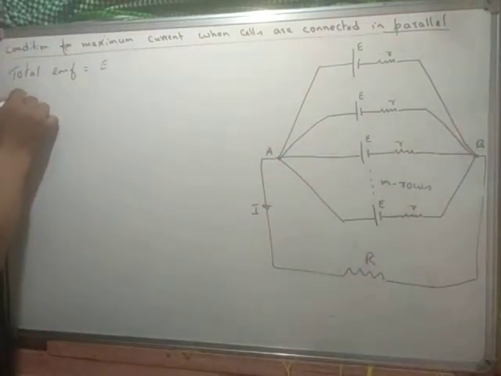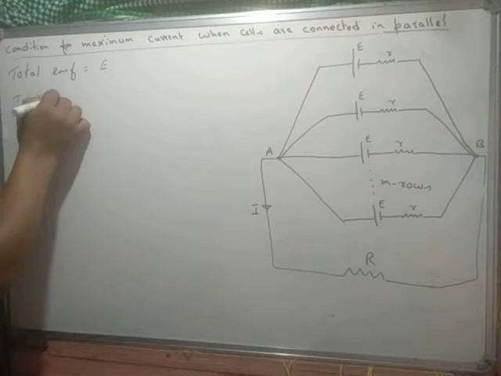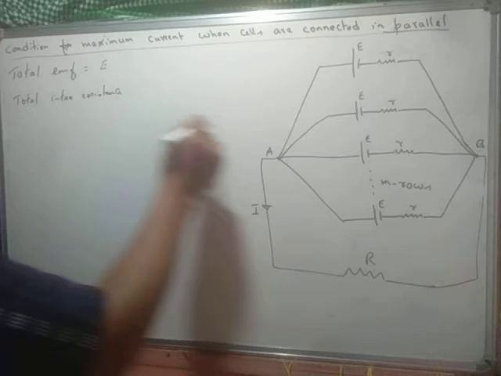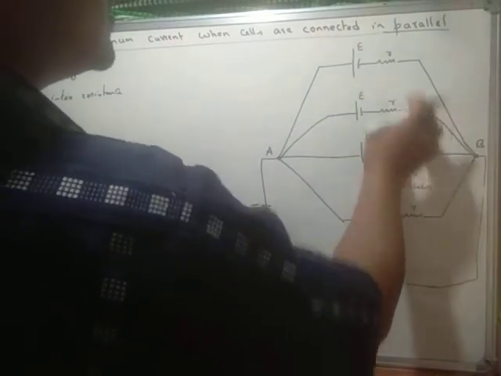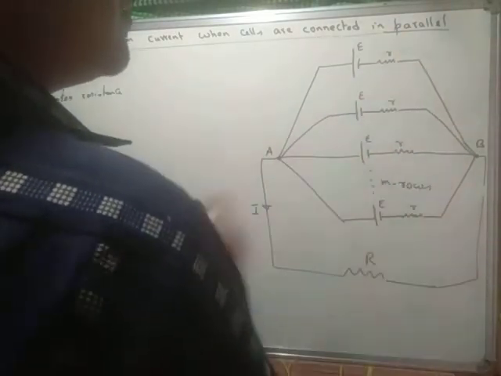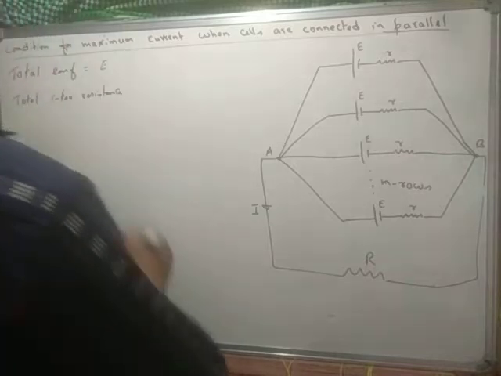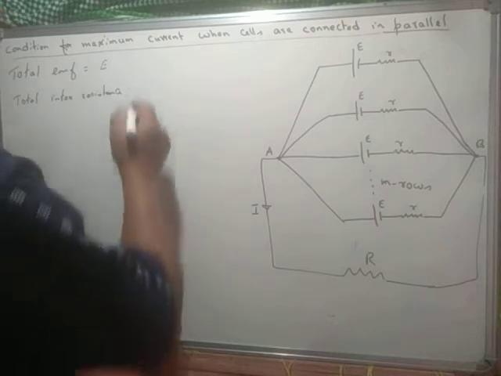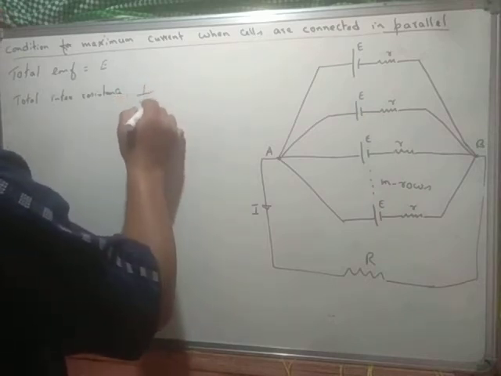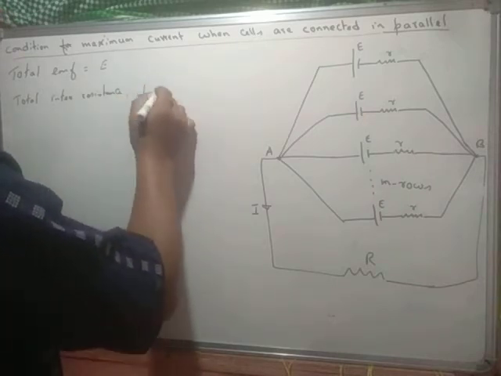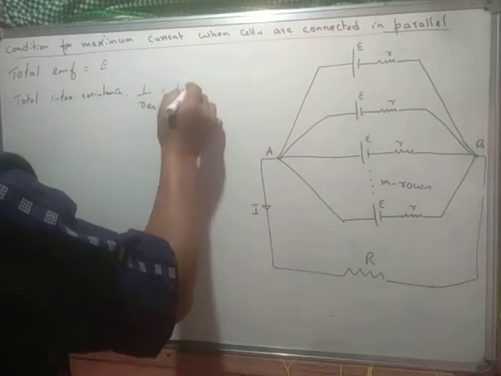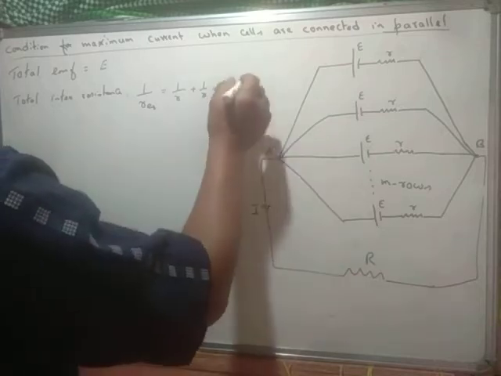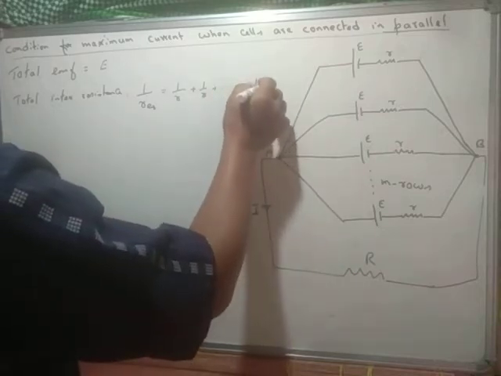What about the total internal resistance? Looking at the internal resistances, they are now connected in parallel. From the combination of resistors in parallel, the equation is 1 upon r equivalent equals 1 upon r plus 1 upon r plus dot dot dot up to m times, that means m rows.